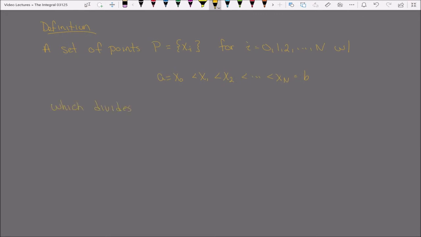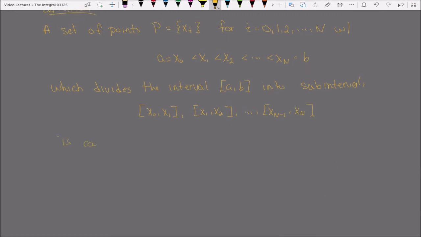Which divides the interval a to b into subintervals x0 to x1, x1 to x2, xn minus 1 to xn, is called a partition of ab.